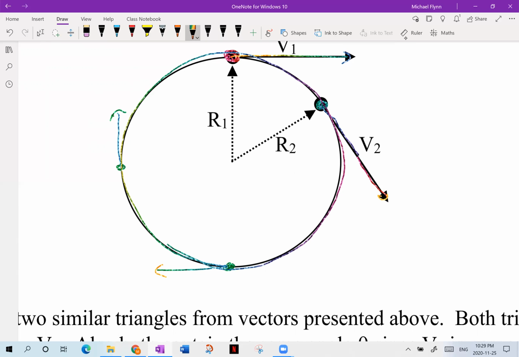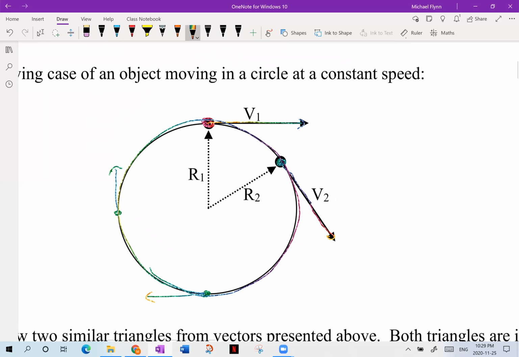So it's turning, right? Now, the thing about the velocity is, and I'll just put a little note here, the velocity is tangent to the circular arc, okay?